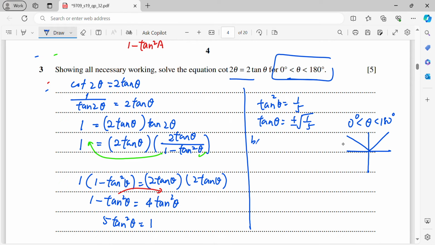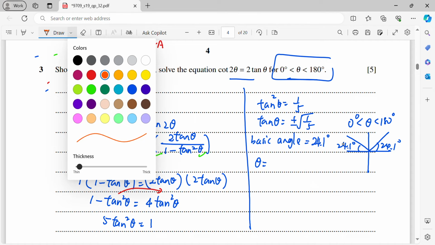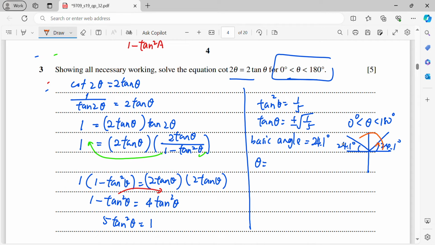So now I will get the basic angle. Basic angle is basically inverse tangent square root of 1 over 5. And then you will be getting 24.1. So that's why I label my basic angle. So now my theta is basically first value 24.1 and second value is the major angle.